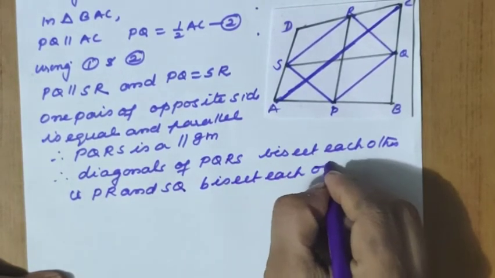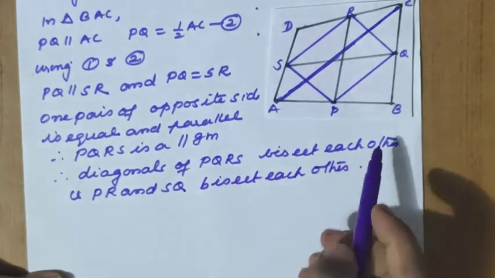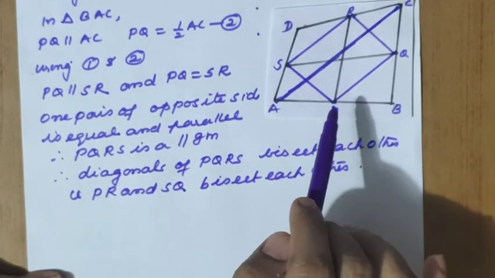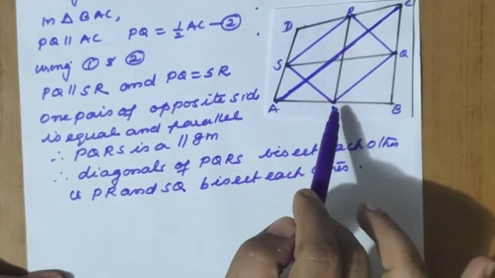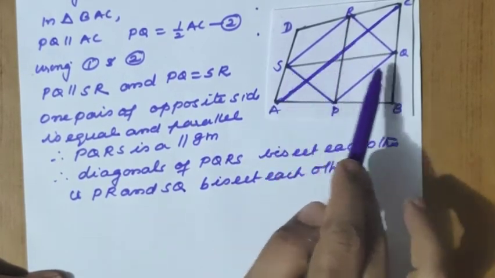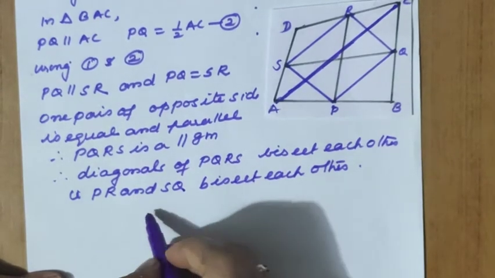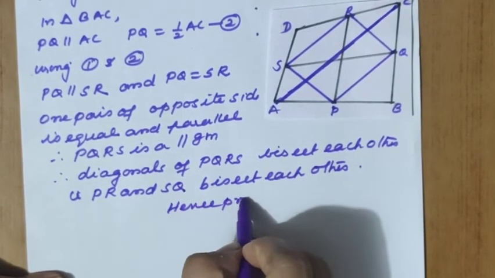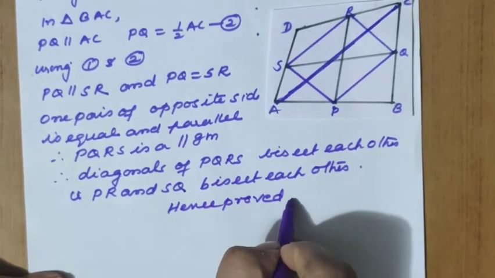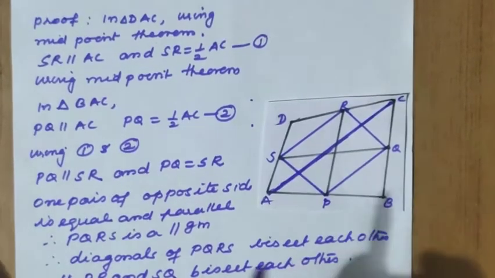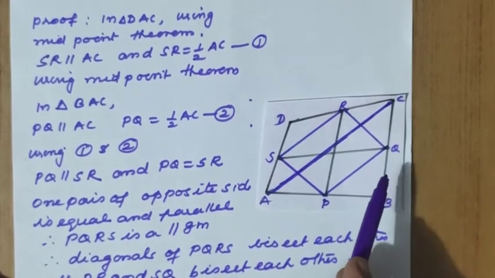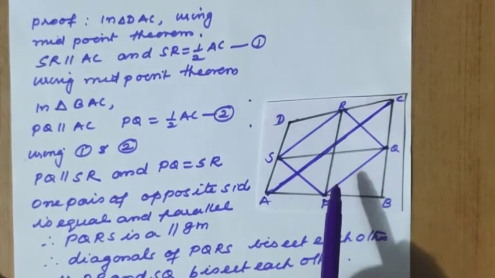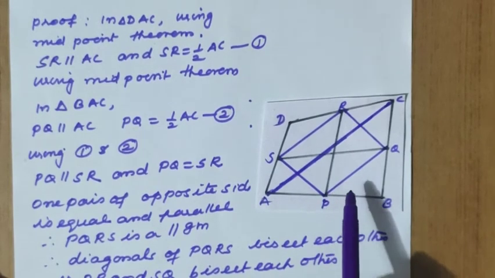So coming to the question, what do we have to prove? The line segments joining the midpoints of opposite sides, that is PR and SQ, bisect each other. We have proved that, hence proved. A quadrilateral is given, and we have to prove that the line segments joining the midpoints of opposite sides bisect each other.